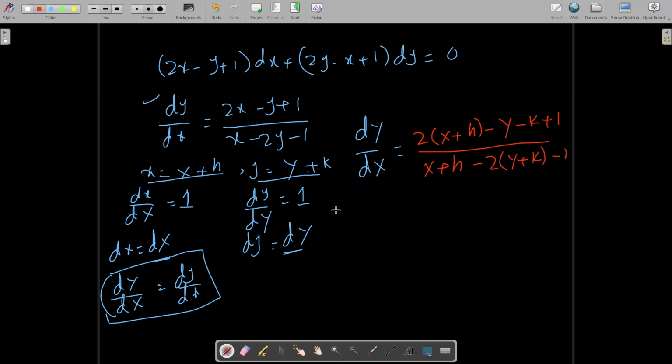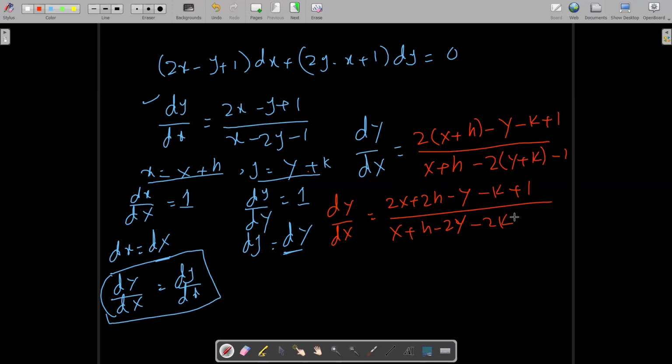Okay, what's the next step? We have to simplify the top and bottom. Multiply 2 inside the parentheses: (2X plus 2h minus Y minus k plus 1) over (X plus h minus 2Y minus 2k minus 1). So dY by dX equals, we combine the X values and isolate the constant terms like h, k and 1.